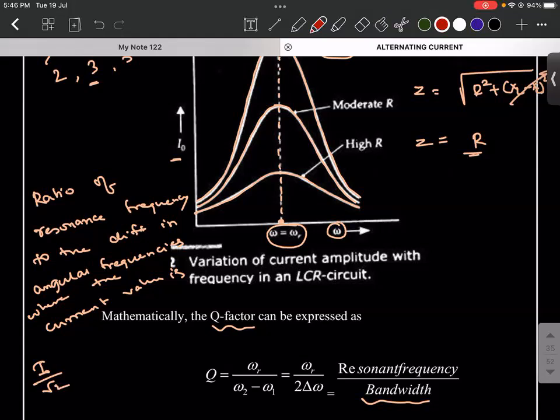I'll explain this right now. So what is the definition I gave you? It is the definition for the Q factor or quality factor: the ratio of resonance frequency to the difference in angular frequencies where the current value is I naught by root 2. Okay.